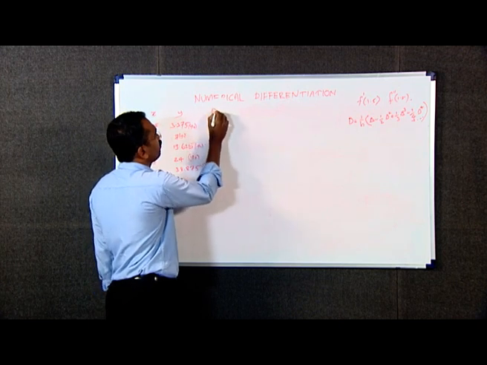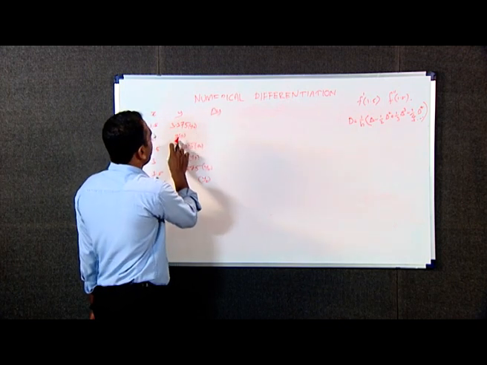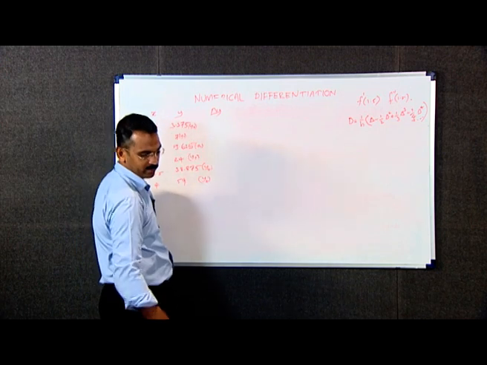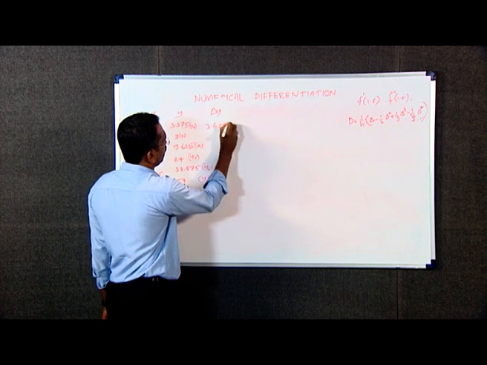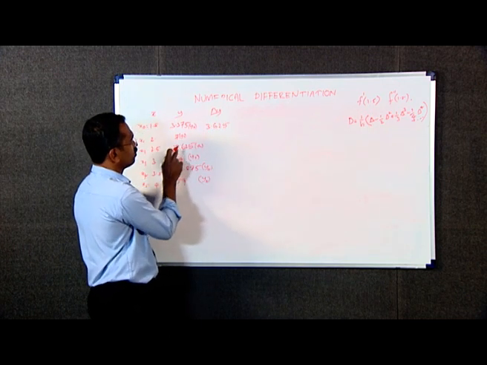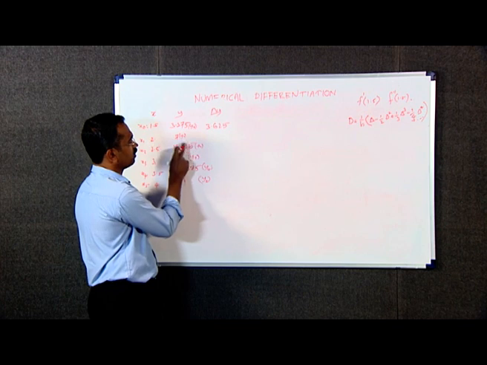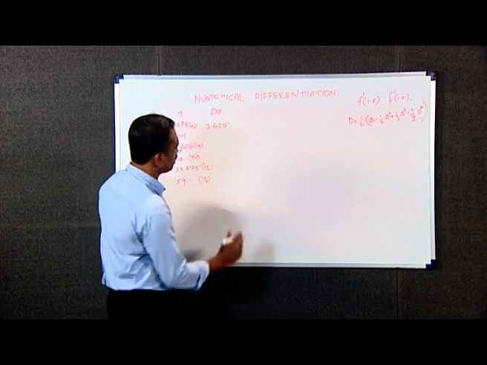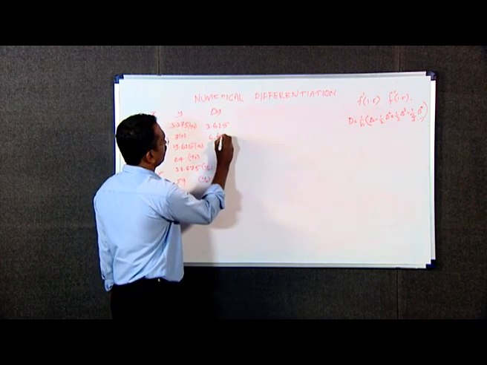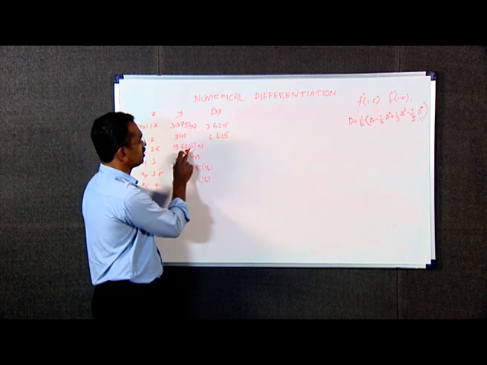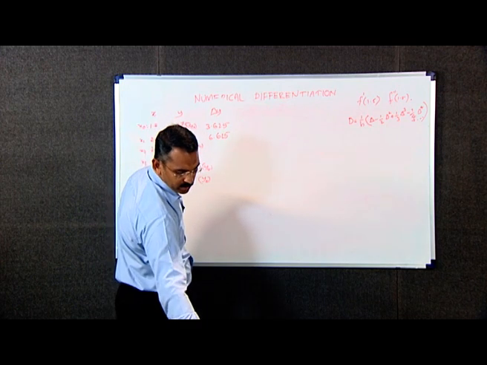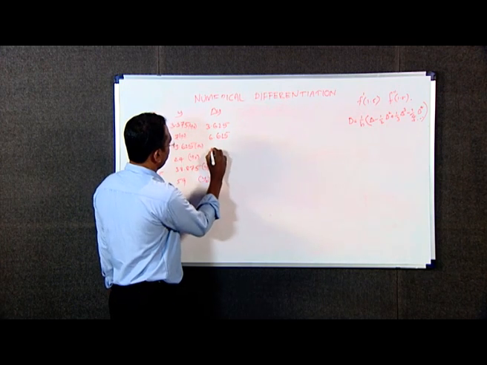The first order differences are 7 minus 3.375 which is equal to 3.625. Next difference is y2 minus y1, that is 13.625 minus 7 which is 6.625. Next is 24 minus 13.625 which is 10.375.